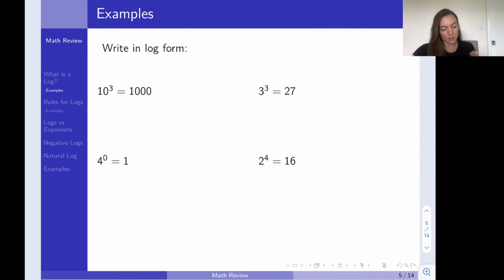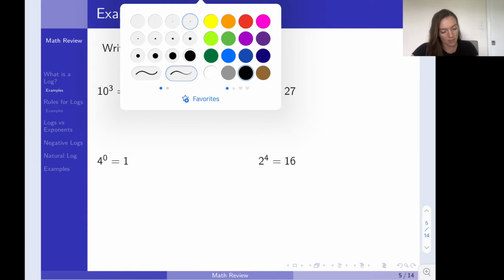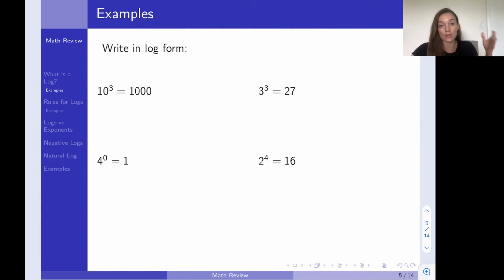All right, now we're going to go from exponential form to logarithmic form. So these, we have 10 to the 3 is equal to 1,000. So we can remember our log, base, answer, exponent.